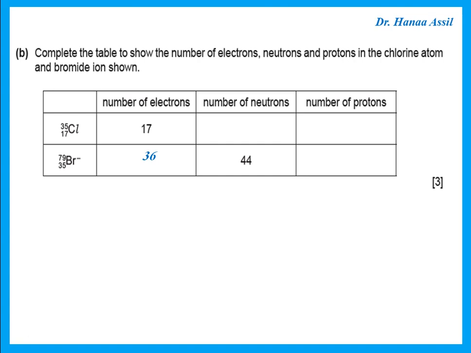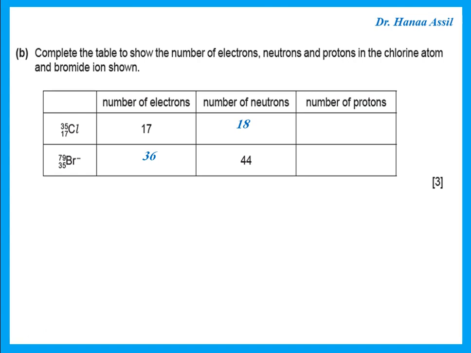What about the number of neutrons? Remember that the number of neutrons is the mass number minus the atomic number, the big number minus the small number. So here it is 35 minus 17, so chlorine has 18 neutrons. What about the number of protons? You should remember the number of protons is always the small number, or atomic number.